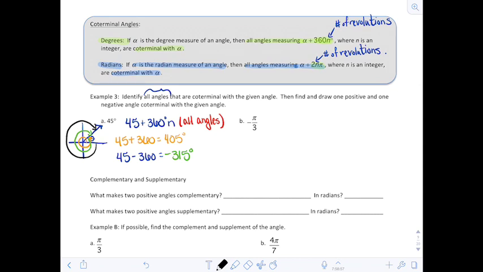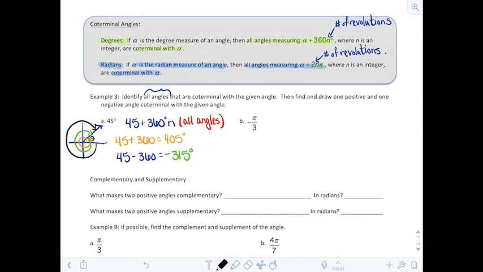Okay, now, angles with degrees are maybe a little easier to see because you're used to them, but now we're going to work with radians. And just hold on to the concept of adding and subtracting the 2 pi, just like we added and subtracted the 360.